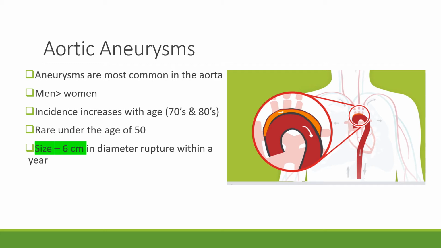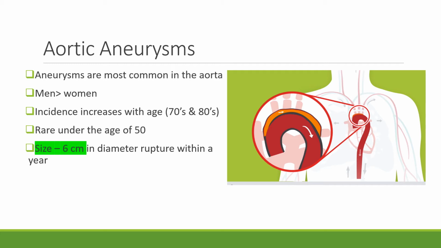Aneurysms occur in men more often than in women, and in whites more often than blacks. The incidence increases with age, and aneurysms may occur in more than one location within any individual.